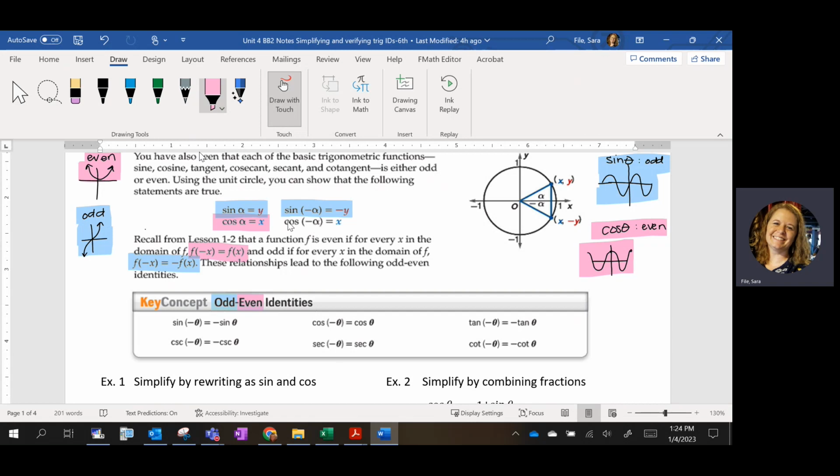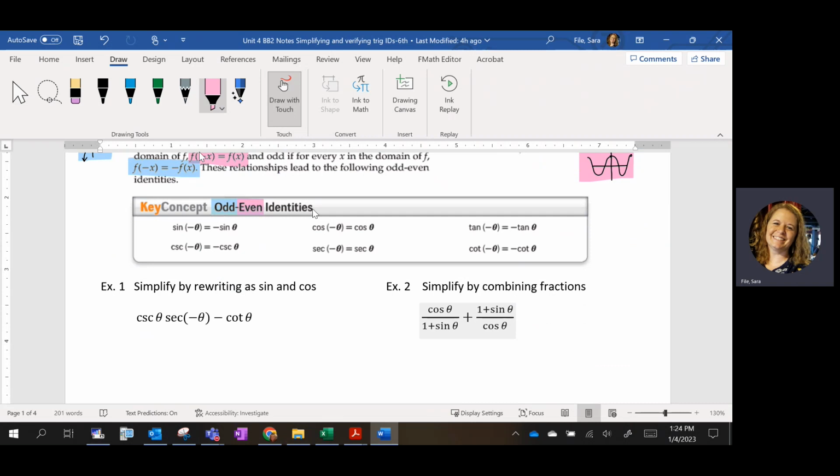If I input negative alpha, cosine is still x. It didn't change. It came out exactly the same as the original. Right? That's the algebraic test for an even function versus an odd function. All right. So that's just to help you understand where these identities come from, why these are true.